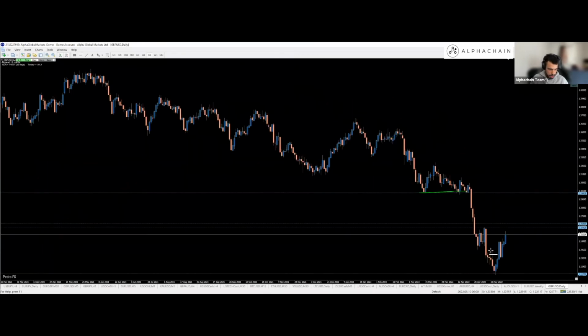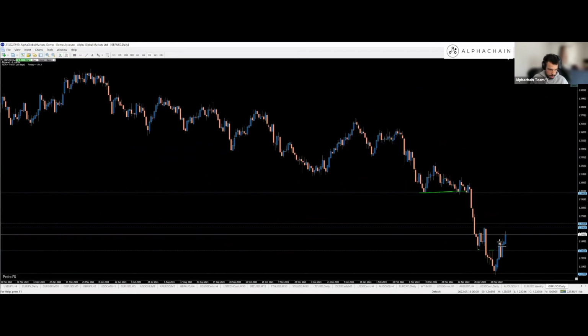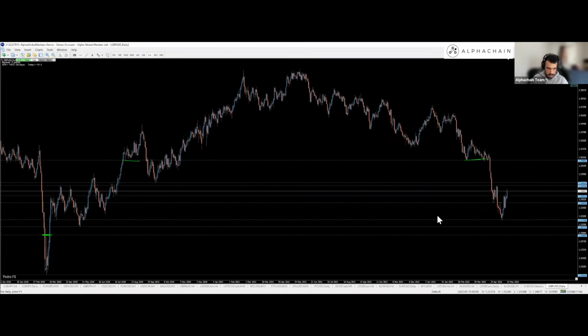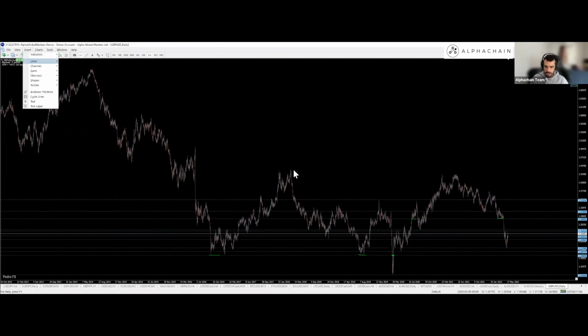We had these touches in here, reacted from here, and maybe it reacted from there as well on the lower time frame. These ones as well. We have now these highs, sorry. And what else? We have this one in here, this one in here, and this important one in here that price has respected already.